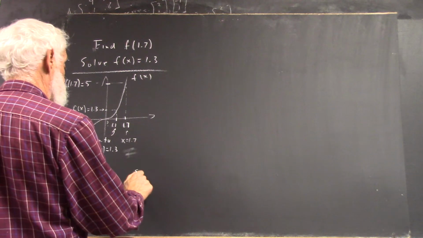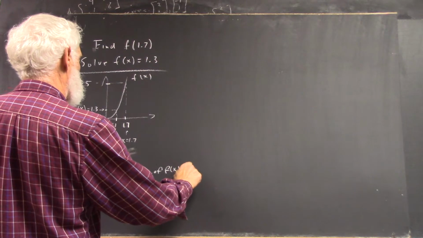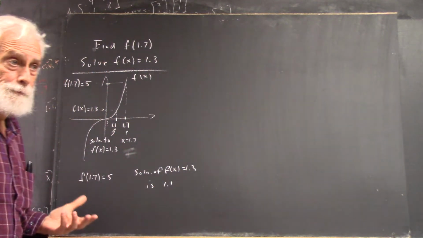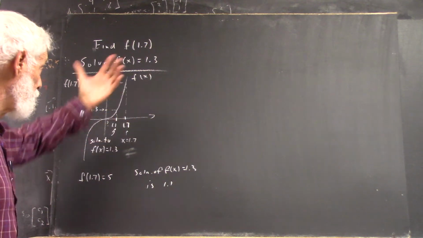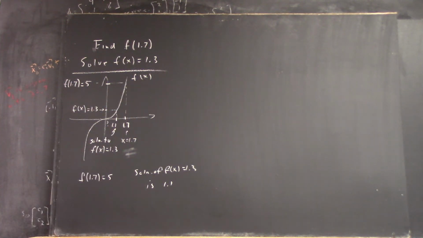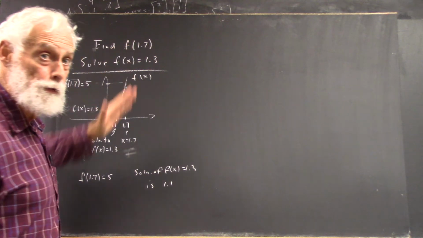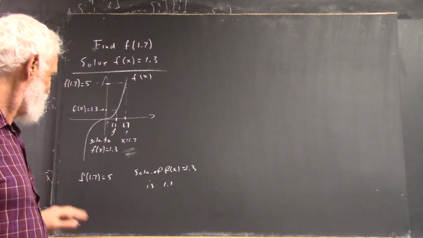Or you could write down here the solution of f of x equals 1.3 is 1.1. Okay? And it's just dumb luck. That's actually very close to the solution of that equation. 1.1 cubed is 1.331, as everybody knows, so I just lucked out on that one. It's because I drew such a good graph. That's it. Okay?